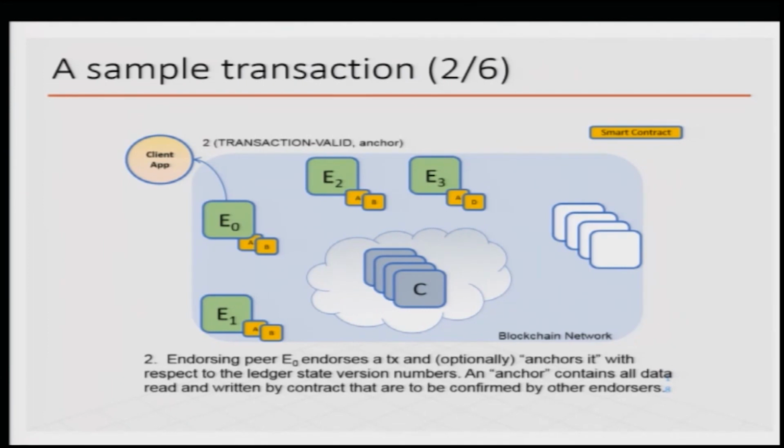It also runs other smart contracts, because it is a computer and can run multiple smart contracts, but for transaction processing, let us say A is the smart contract that is required. What it will do is simulate the execution of the transaction, see if you have the balance, what your final balance would be if you give that money, and what the final balance of the other account would be, and it will create a read-write set and send it to you.